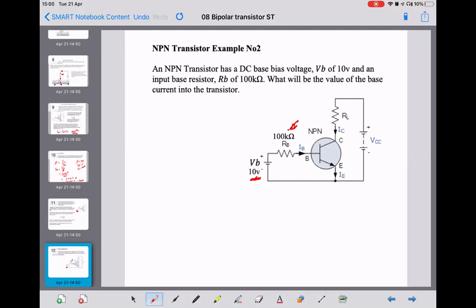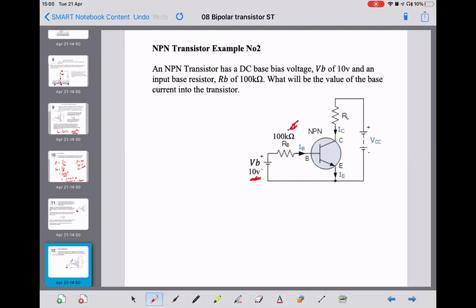So how can we calculate that? Base current. So there's a 10 volt power supply going across a 100 kilo ohm resistor, so you just use Ohm's law to work out the current.